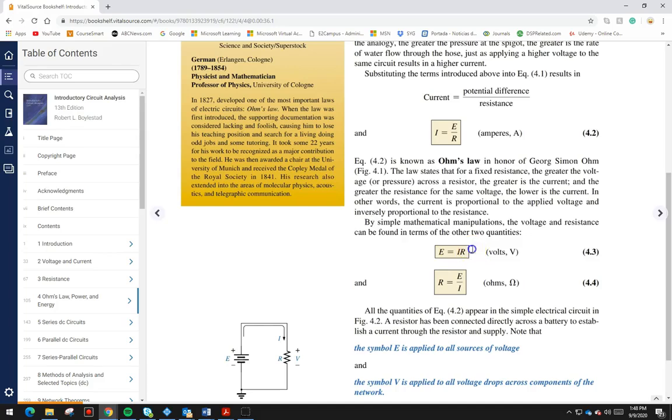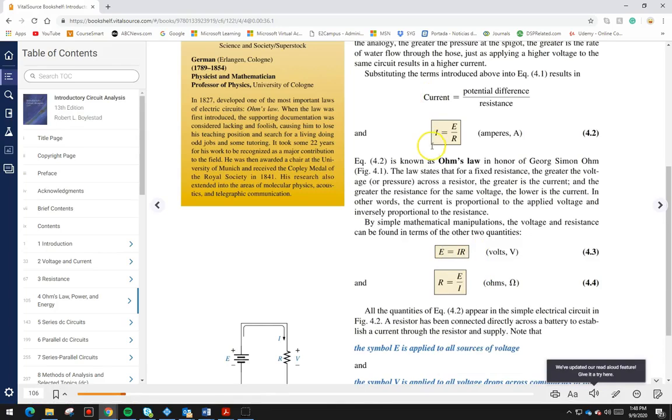So based on this equation, you can then solve for current if it's needed, like in equation 4.2, or for resistance, like in equation 4.4. But the important thing to notice is that all those three parameters are very closely related.